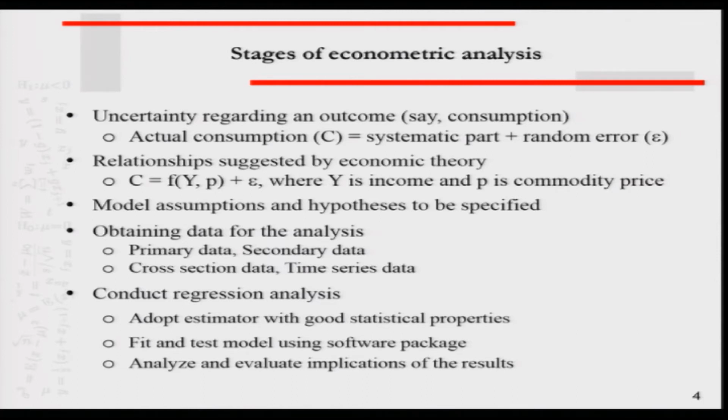Under time series data, you observe a particular variable over a period of time. The best example could be the GDP of any economy or per capita income of the Indian economy, right. So, you observe the numbers over a period of time, say 50 years or even less, 10 years, right. That basically gives you time series data.